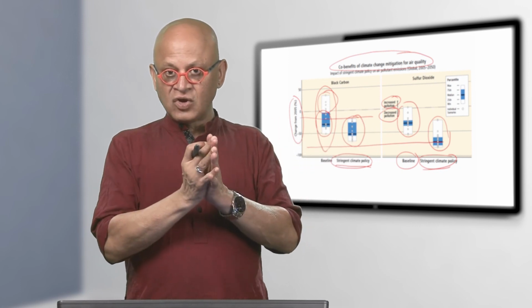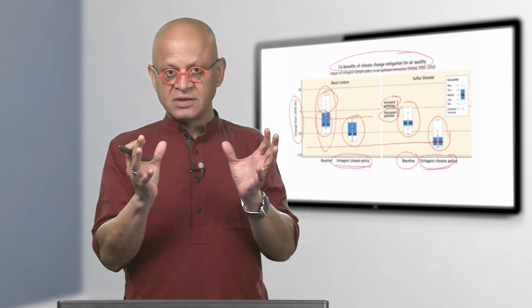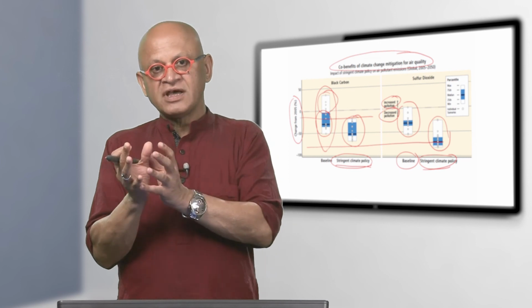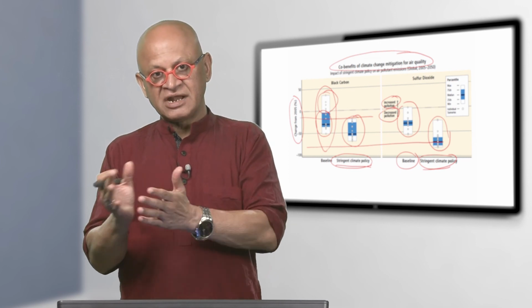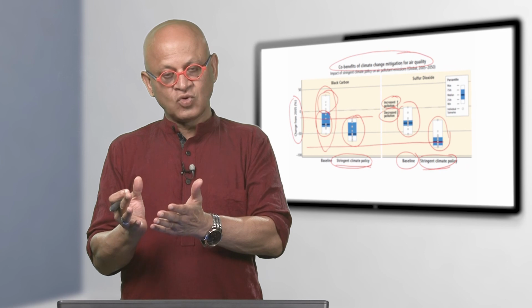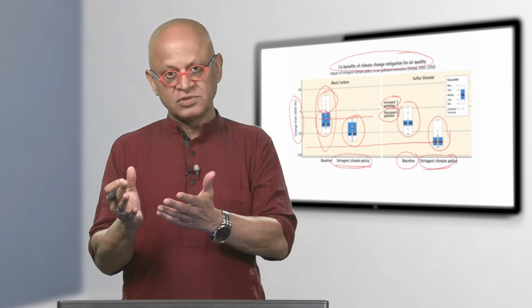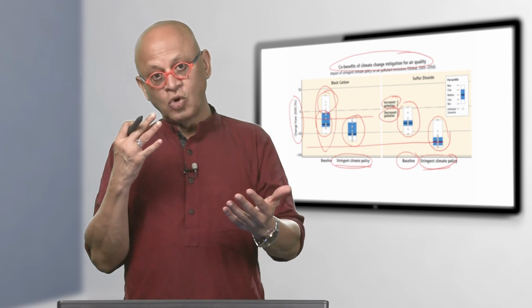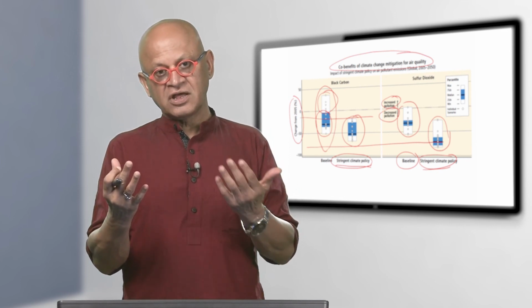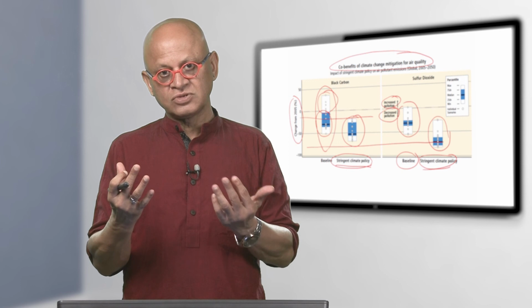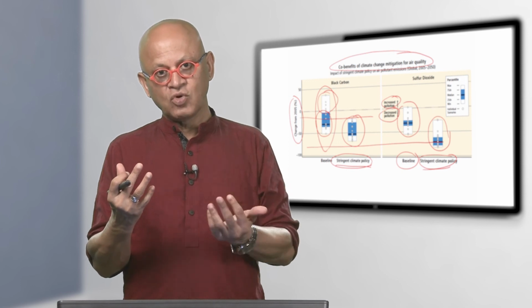Obviously, one country cannot do it, everybody has to participate, but everybody has to do adaptation and mitigation at a local level. So, who pays for it? How do we make sure that everybody follows the rules? So, there are global governance issues and there are local governance issues, global economic issues, local economic issues.